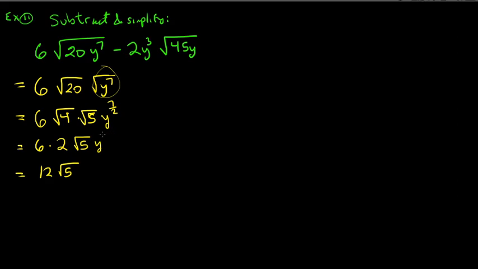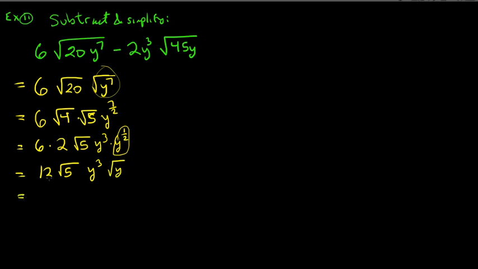And remember, when you add the exponents, you're just multiplying y to the 3 times y to the 1/2. So we now have y to the 3, and then y to the 1/2, that's just the square root of y. The index is 2 here.